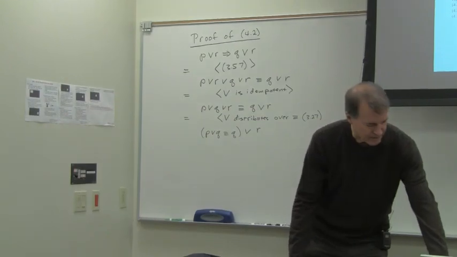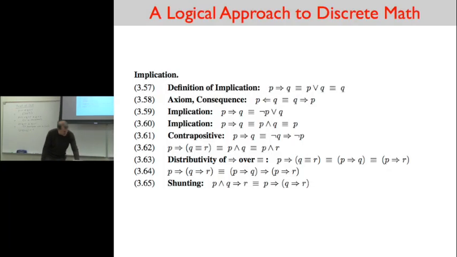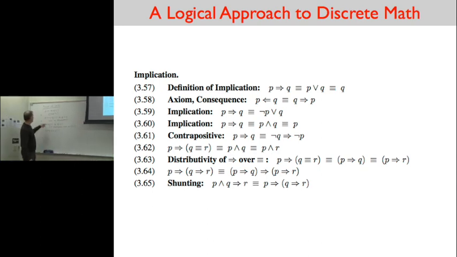I forget. Well, how did we start here? Definition of implication, 3.57. Are you with me? Okay, so we use 3.57 to go from here to here.